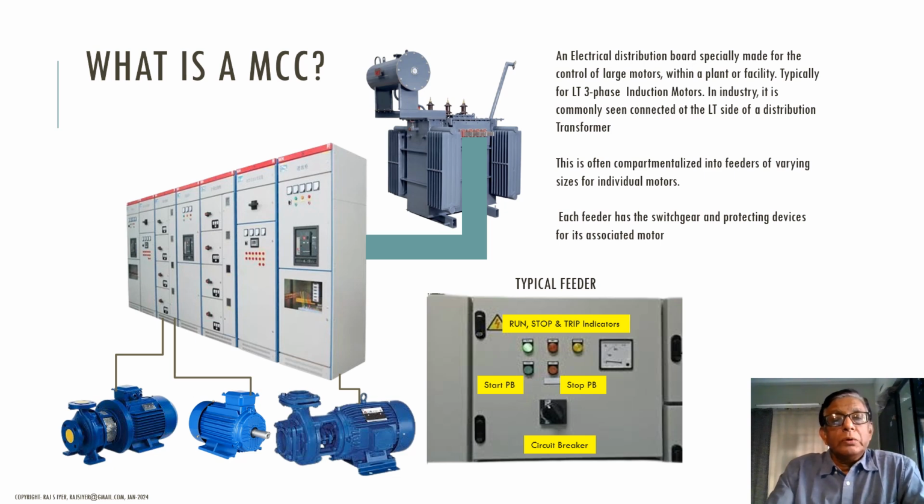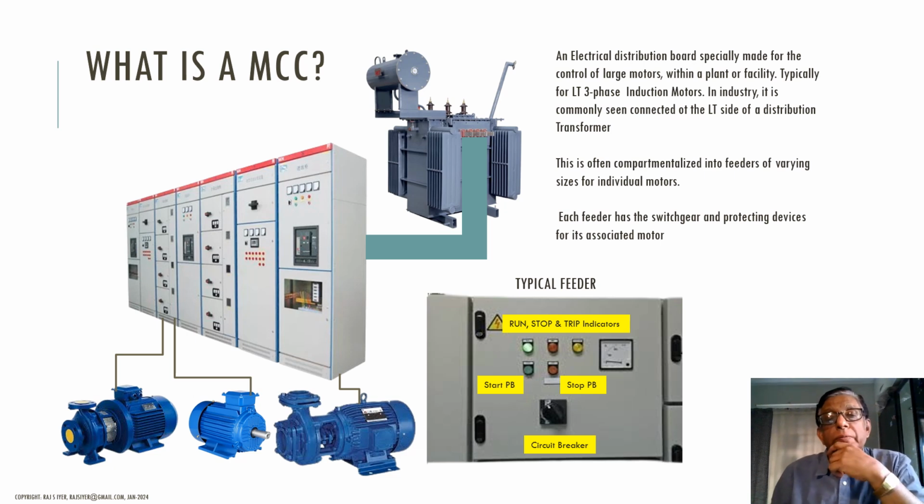So on the left side of the screen, you see what a typical MCC looks like, and on the bottom right side, you can see how the feeder looks when seen from the outside. And typically, the average MCC is connected to the secondary side of a distribution transformer.